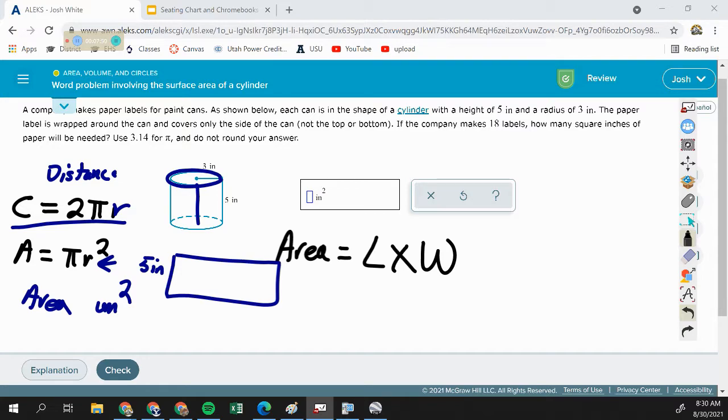Okay, and it wants us to use 3.14 as pi. So this length is c. So 2 times 3.14 times 3. What does that give you?